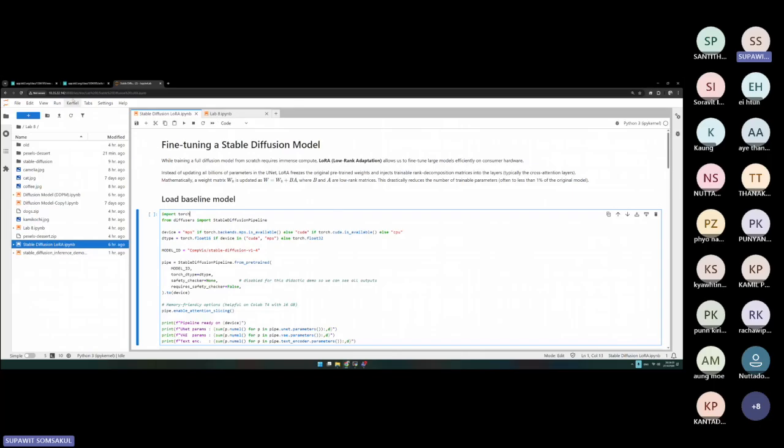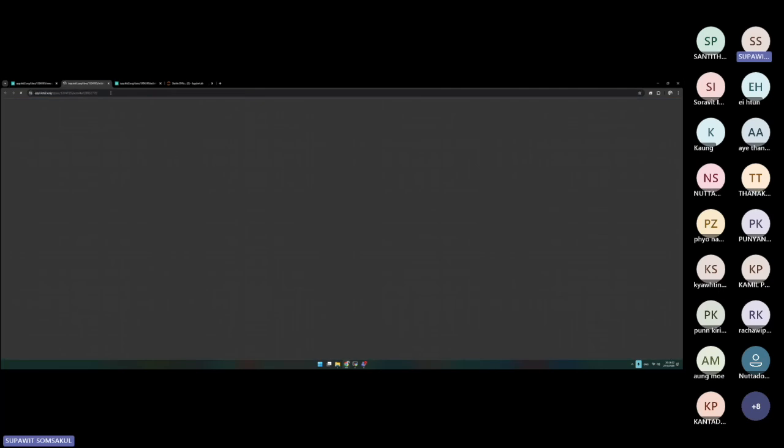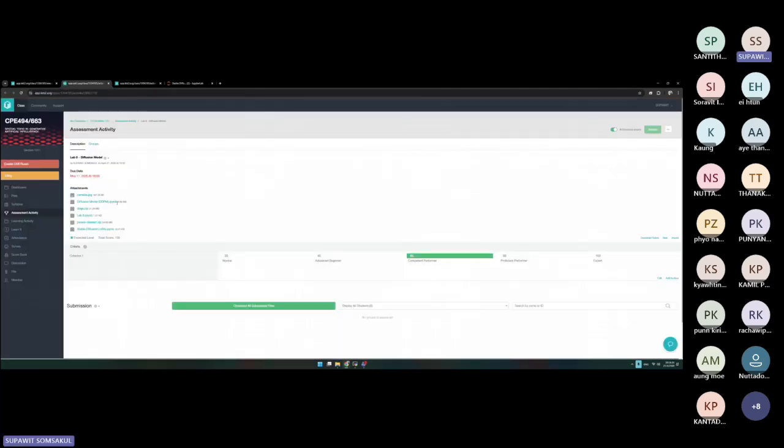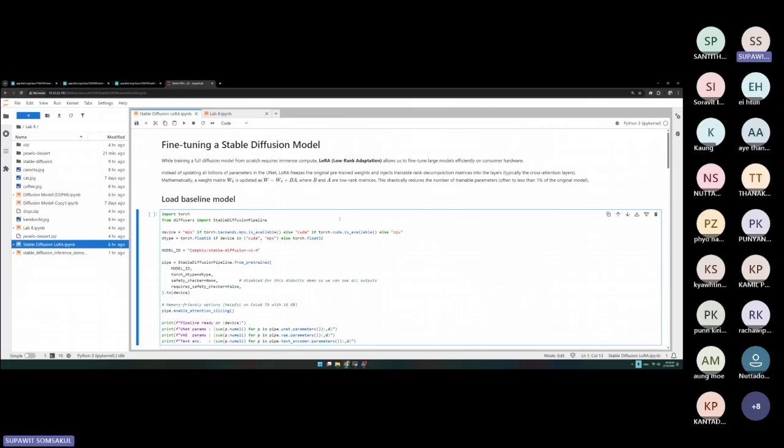So let's quickly look through this notebook. This one is already in the Lab 8 diffusion model here. You can find all the dataset files and the notebook here. Okay, so first of all, let's load our baseline model and then give it some prompt and generate some image to get baseline generation of the model.